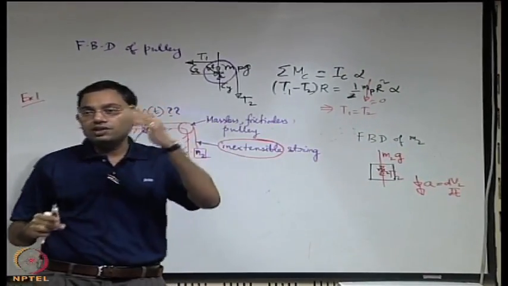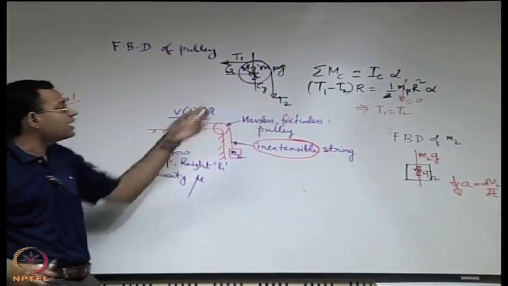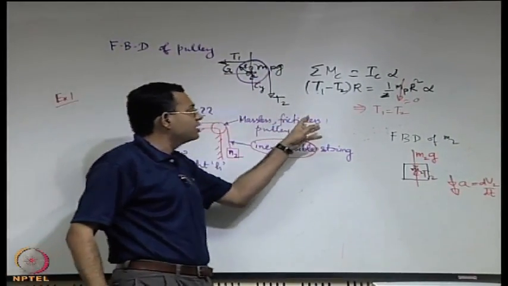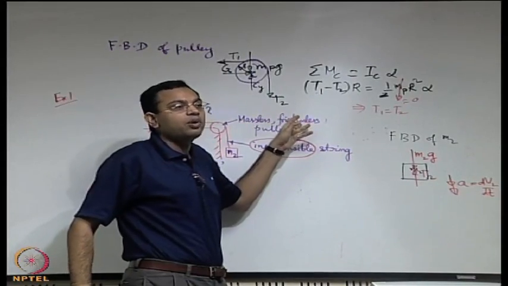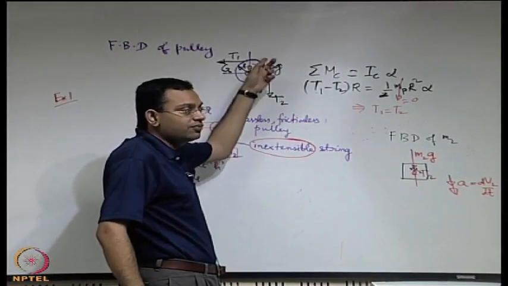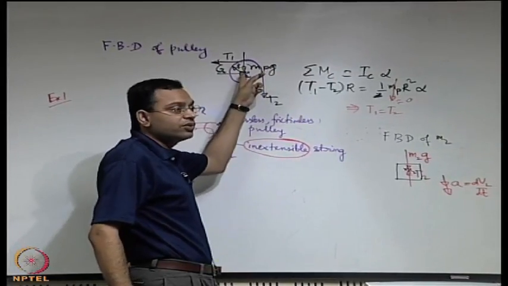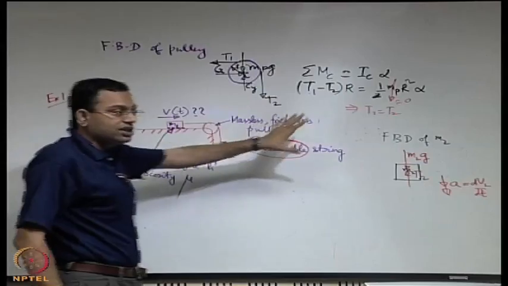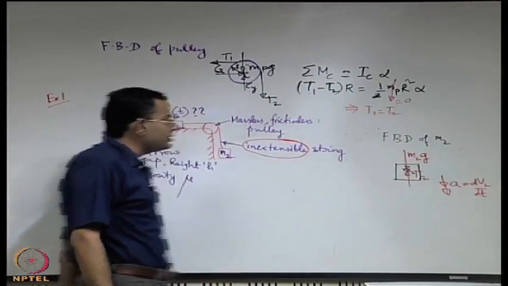That interaction is not considered here, implicitly, because it is frictionless, so the important interaction is through friction. The normal reaction will always get nullified even if it is considered, because you are taking moment with respect to the center. So all these have been used in some way or the other.